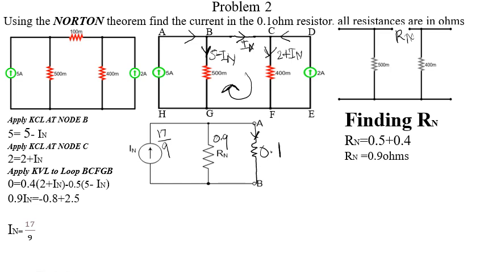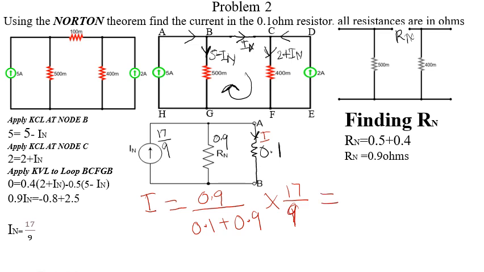To calculate the current through the 1 ohm resistor, let's name the current I. So the current through the 1 ohm resistor is equal to the opposite resistor, that is 0.9, all over our 0.1 plus 0.9, times 17 over 9, which is now equal to 1.7 amps.